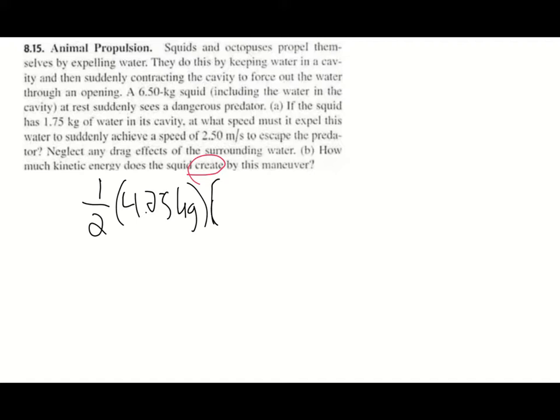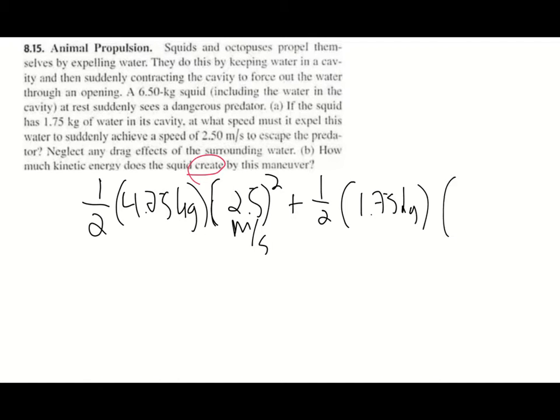Then we take the speed from the first part, which is 2.5 squared, plus 1/2 times the 1.75 kilograms, times the 6.79 meters per second that we calculated in the first part.